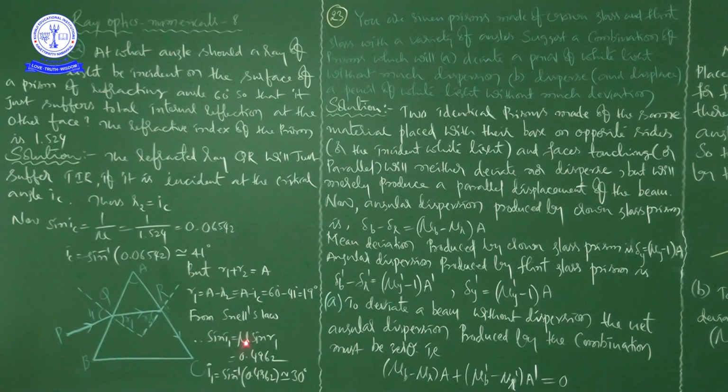So 1.524 into sin 19 degrees will give you 0.4962. After substituting the numerical values in place of mu and R1 and completing the calculation, we get sin I1 is equal to 0.4962. Then I1 is equal to sine inverse of 0.4962.